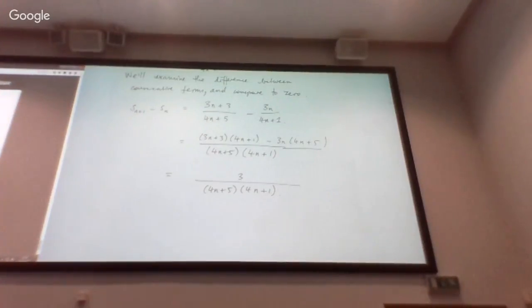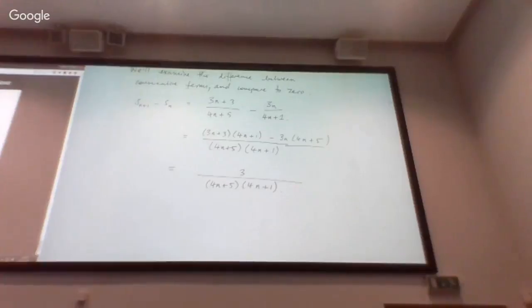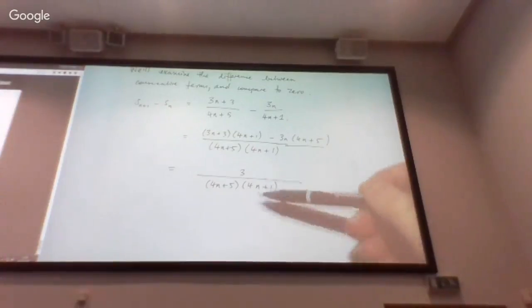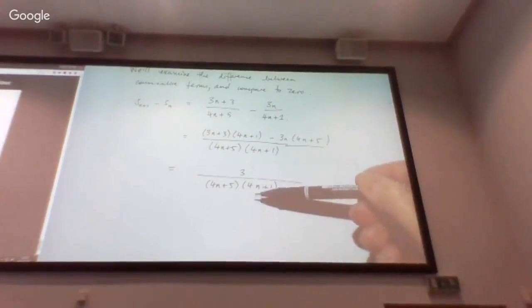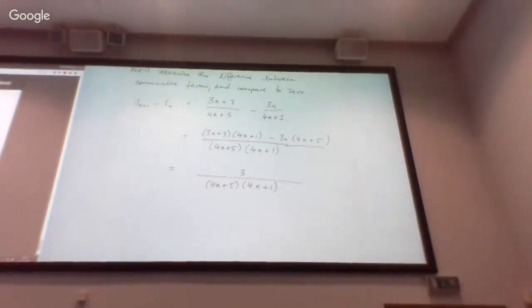Now I didn't bother multiplying the denominator because I don't really have to. We're going to compare this to 0. By compare, I mean see whether it's bigger than or smaller than 0. Now it's a fraction, it's 3 divided by something. So all we need to know is whether the something that we're dividing 3 by is a positive number or a negative. Because if you divide 3 by a positive number, you get a positive.